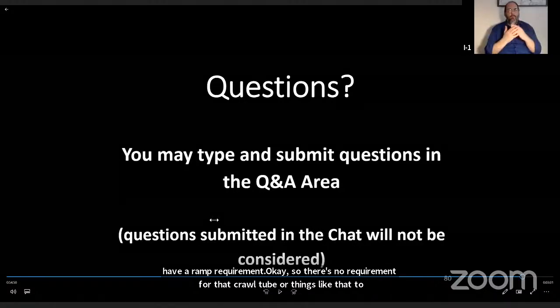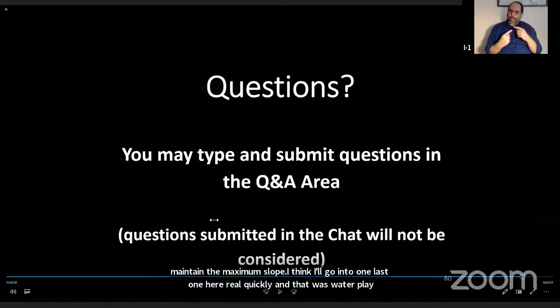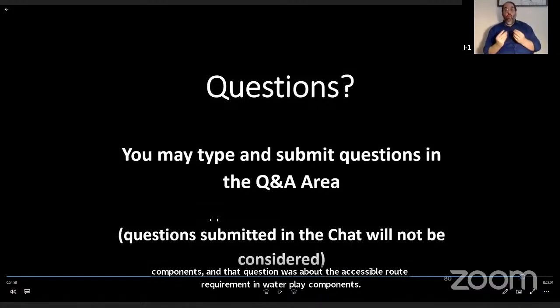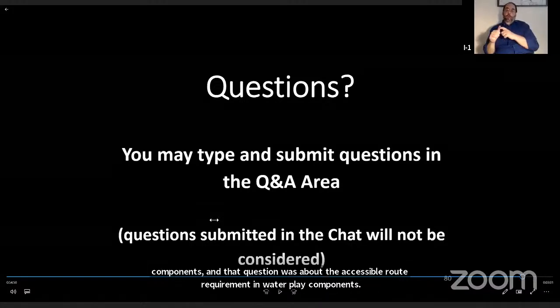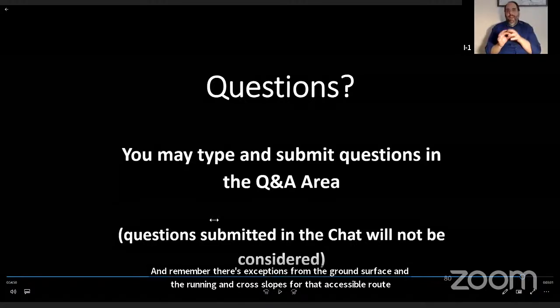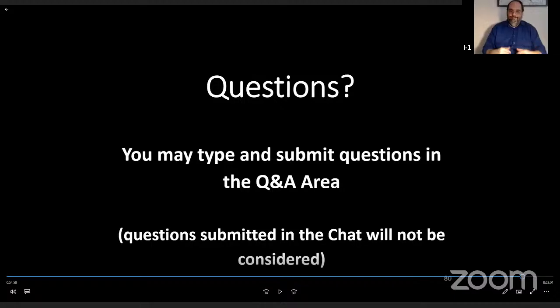And that question was about the accessible route requirement in water play components. And remember, there are exceptions from the ground surface and the running and cross slopes for that accessible route when you're connecting water play components. Okay, that's all the time we have for questions, so we'll move on from here.